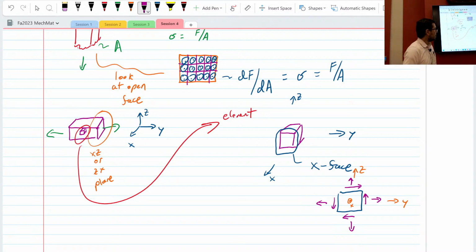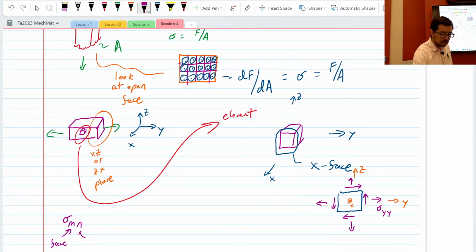Now, the way we describe each one of these arrows is with subscripts on a sigma. So this is sigma x, x. This is on the y face, so this is sigma y, y. How does this work? If you have a stress, the first subscript is the face.